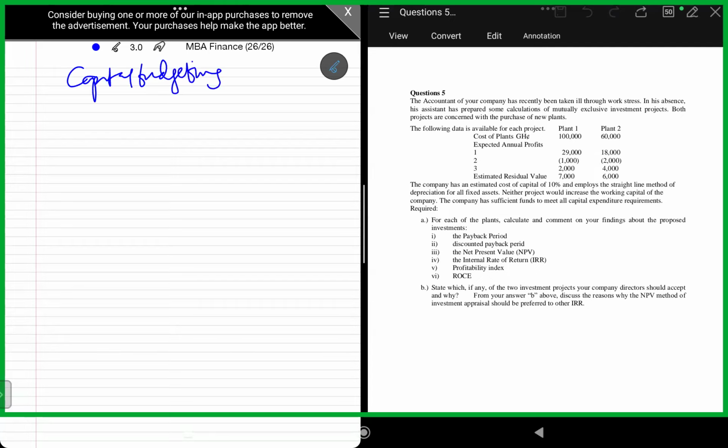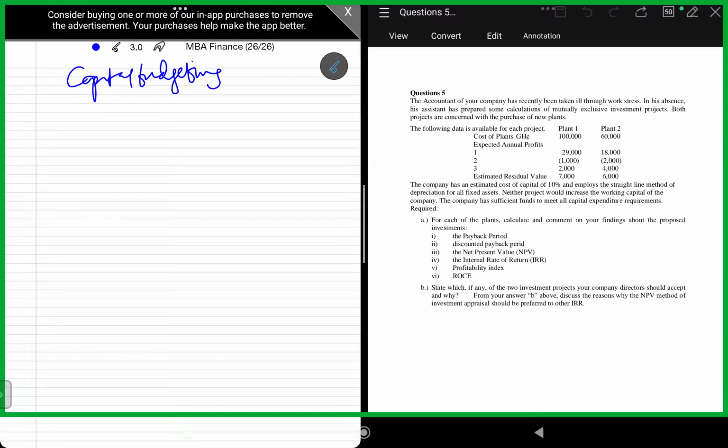And the concept is that for the business to engage in or undertake projects, there must be options. Businesses are prone to make choices or decisions based on options.